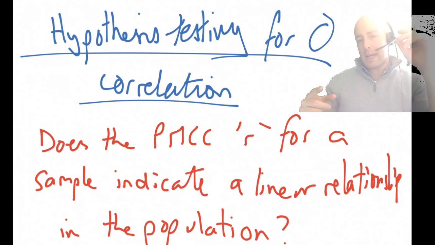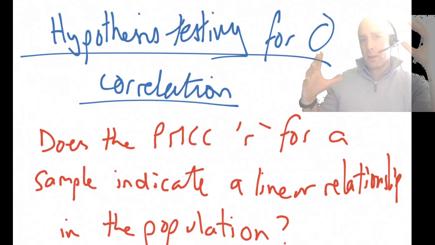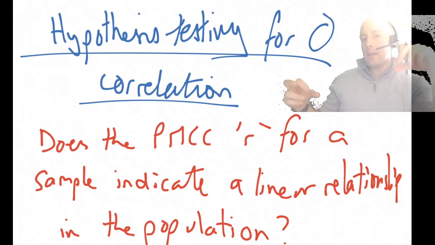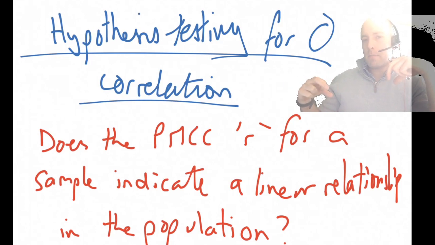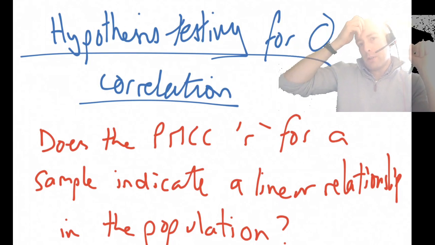Normal distribution, we looked at the mean of the sample. And in this topic, we're going to look at the correlation of the sample. And in each case, we're trying to say, does this parameter in this sample likely reflect the same parameter in the population?